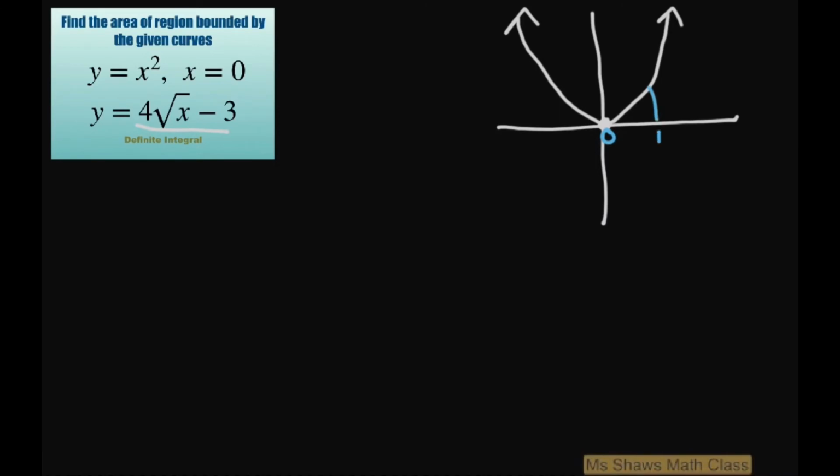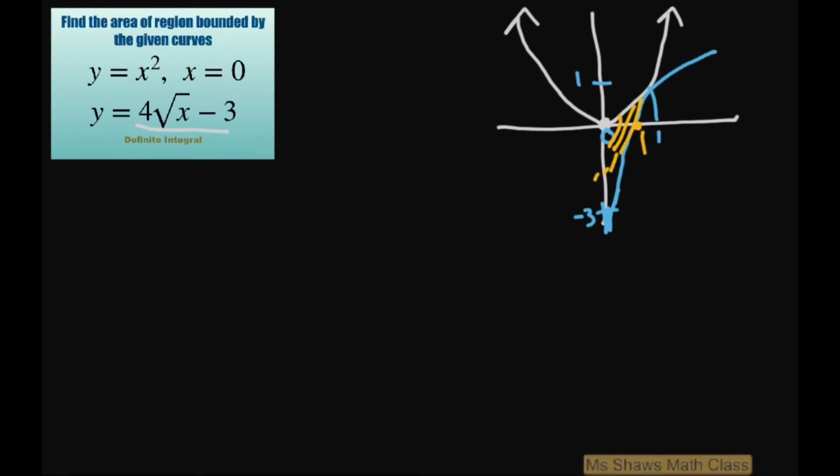So I'll make this 1 here. And this is going to come up through here. Something like that. All right. Then it's going to touch in here somewhere. At negative 3 here. That's your y-intercept. All right. So the area that we're trying to find is right in here.